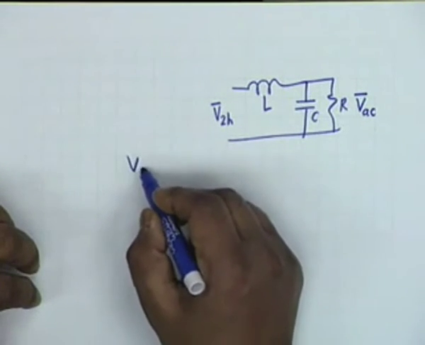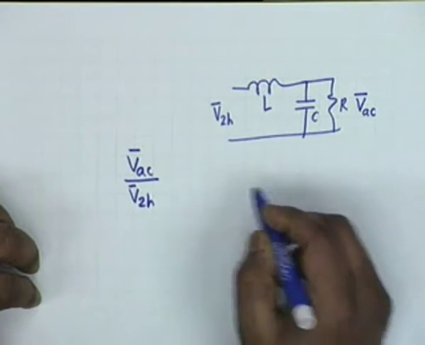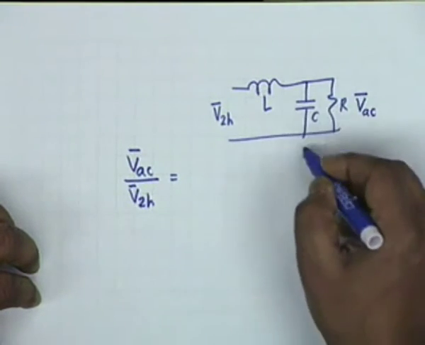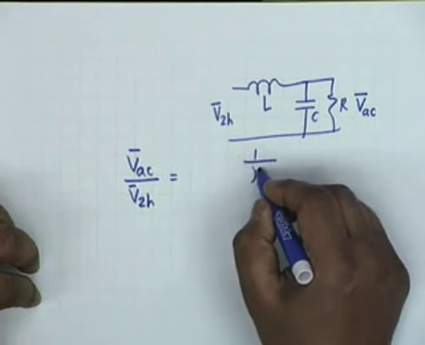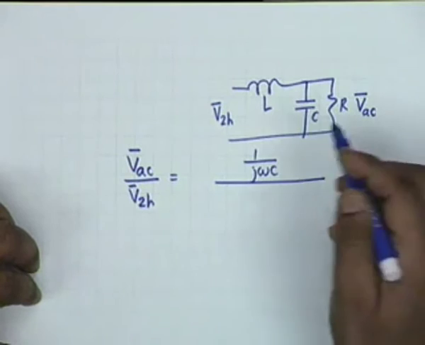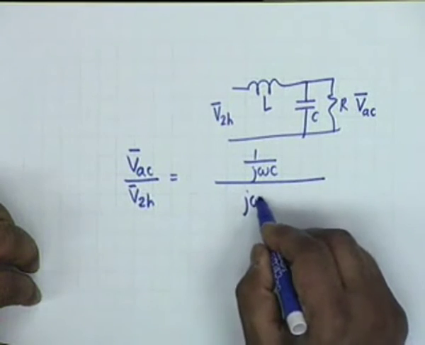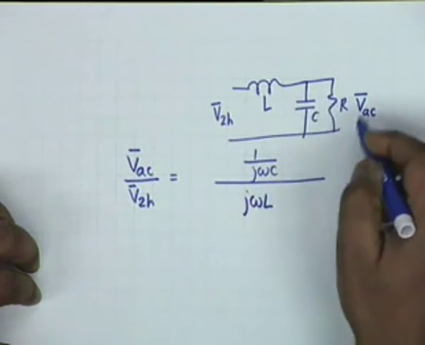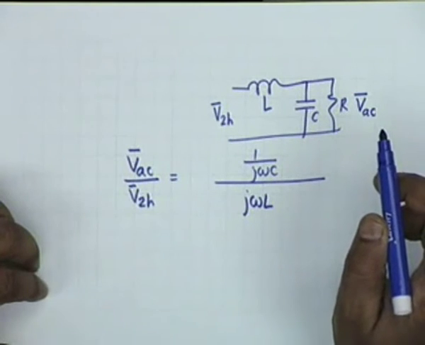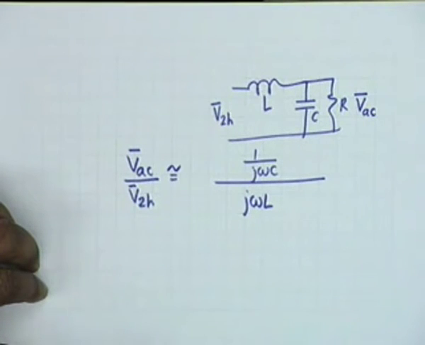Then obviously the ratio of the two, VAC over V2H, shall be equal to the impedance of this, which is approximately 1 by j omega C. Why? Because capital R was much larger, divided by the total impedance. Total impedance is j omega L plus 1 over j omega C, but we have assumed that omega L is much larger than the impedance of the capacitor, so this must be the story, where obviously we had made a mistake. Can you tell me what the mistake is?